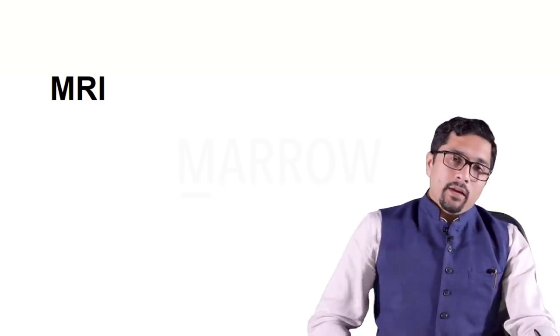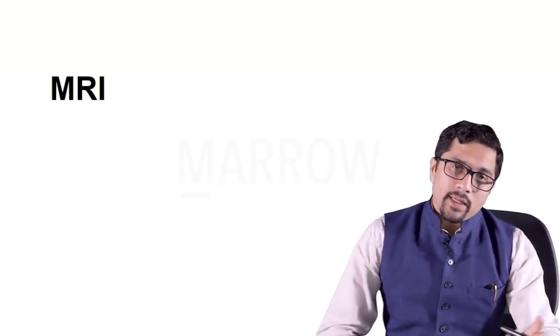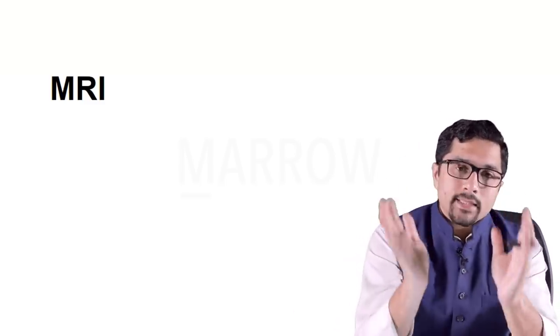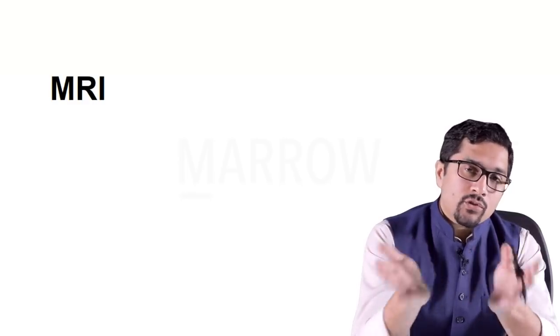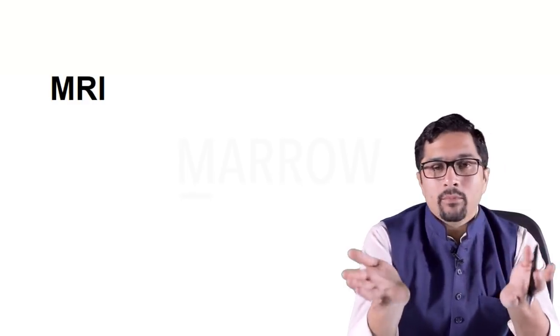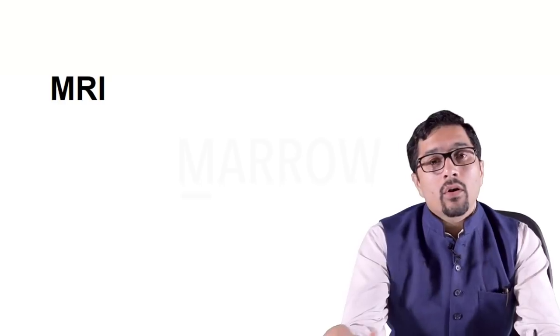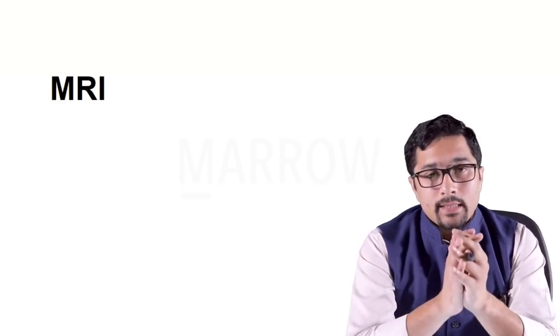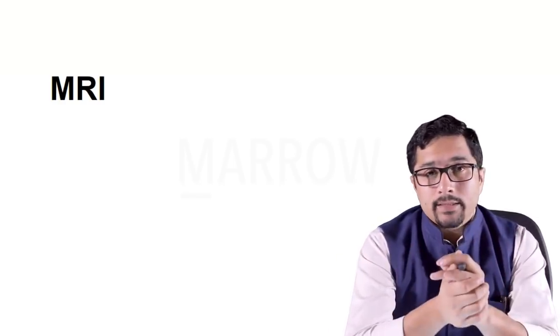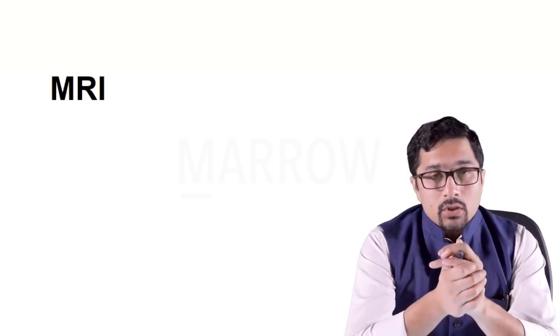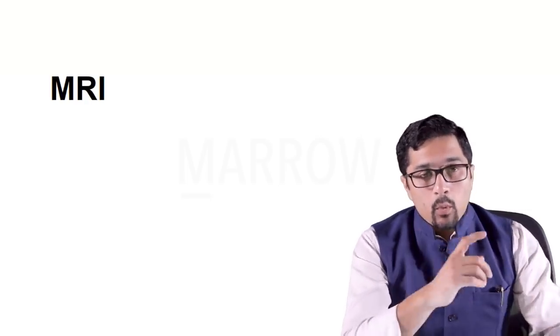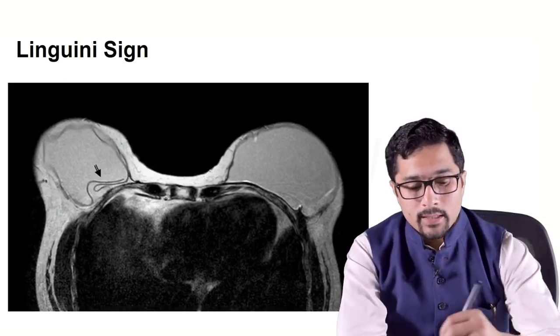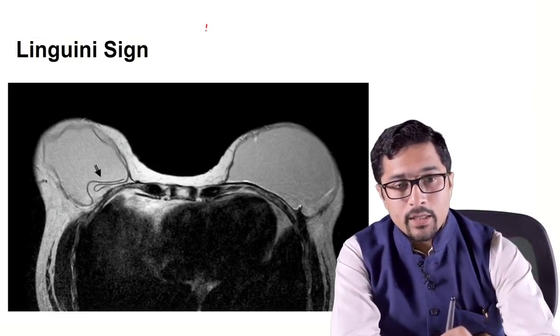Now coming to MRI. MRI of the breast, I'm going to tell you 6 indications which are extremely important from the point of view of your curriculum and the exams, and some of them have been asked in the exams as well. So the uses of MRI, number 1, I want you to remember that this is the imaging of choice in patients with breast implants.